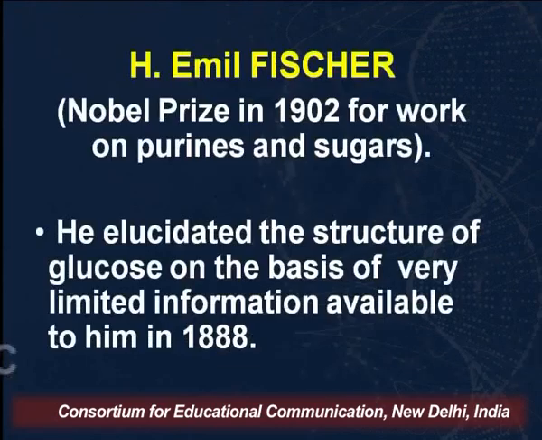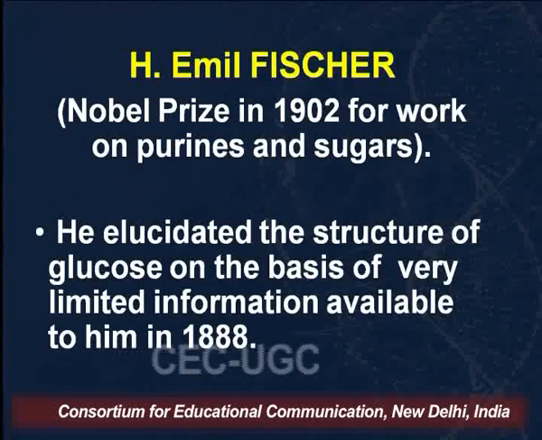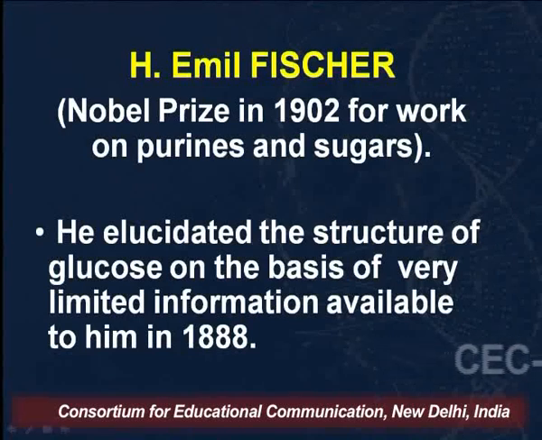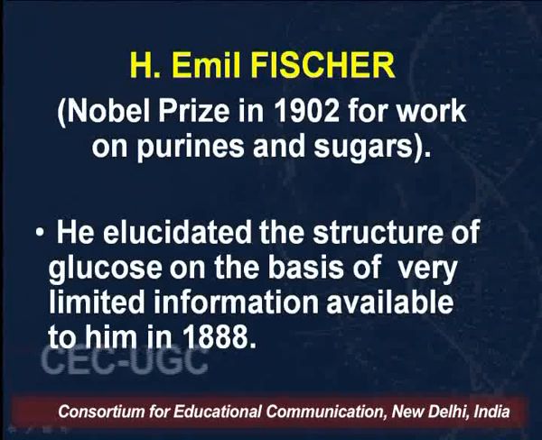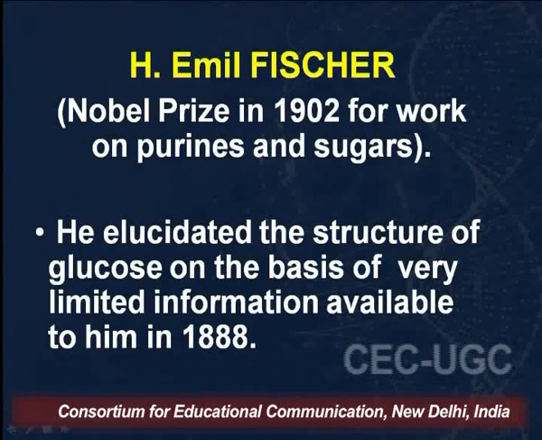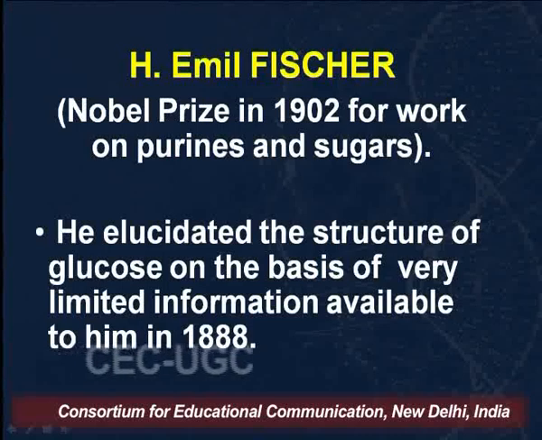So imagine, he was such a genius. And for his work on purines and sugars, Hermann Emil Fischer was awarded the Nobel Prize in 1902. He elucidated the structure of glucose on the basis of very little information which was available to him in 1888.